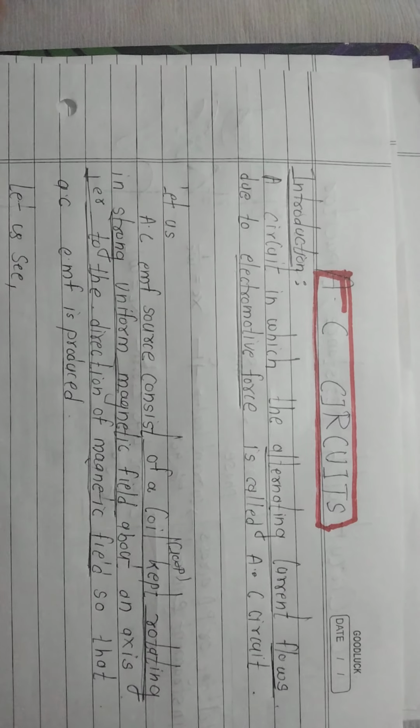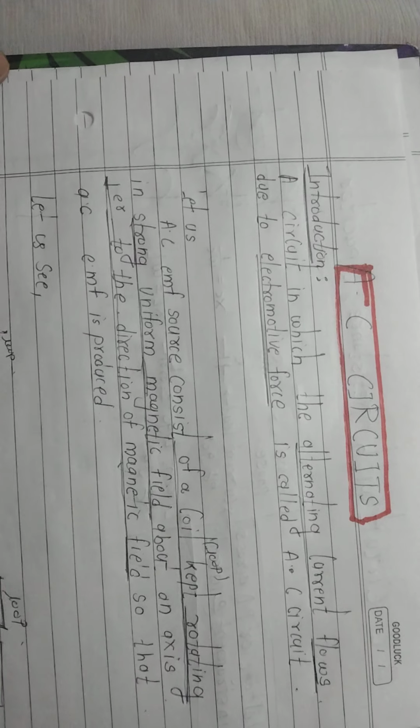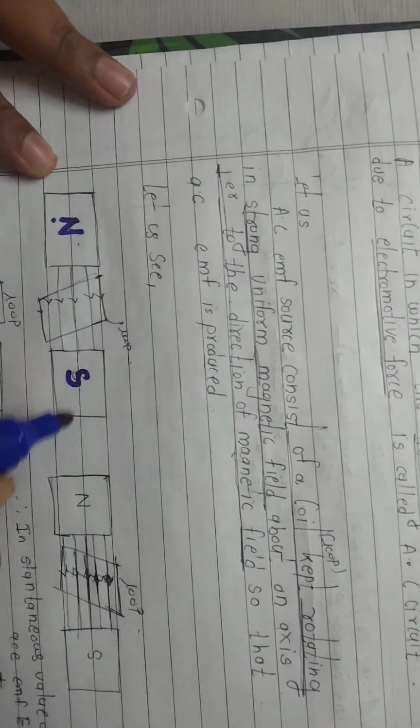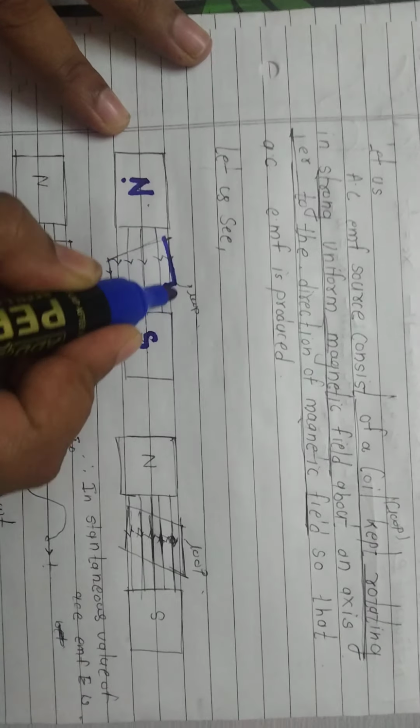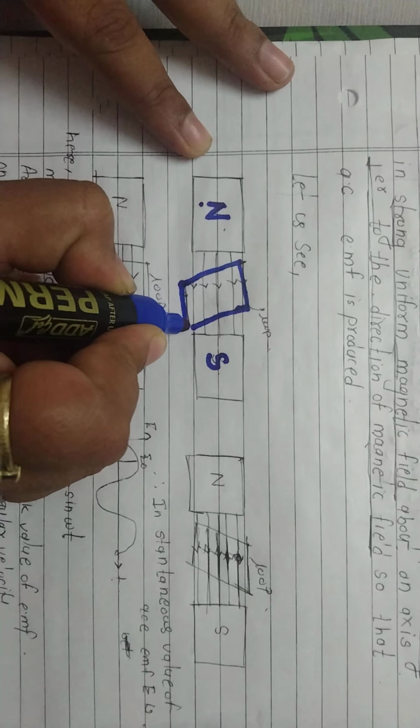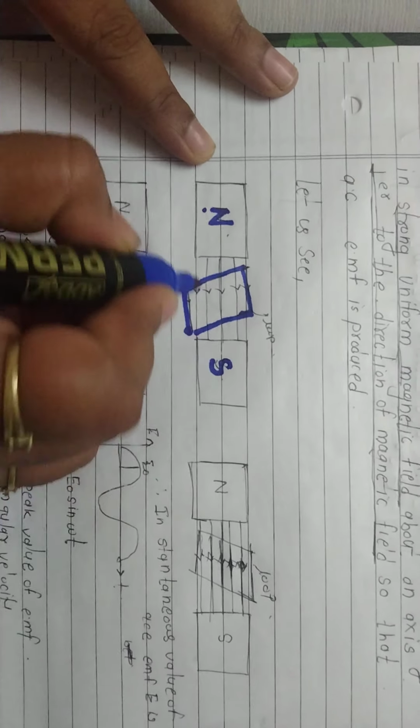Let us see this example. This is a north pole, this is a south pole, and this is the loop. This is the first diagram.